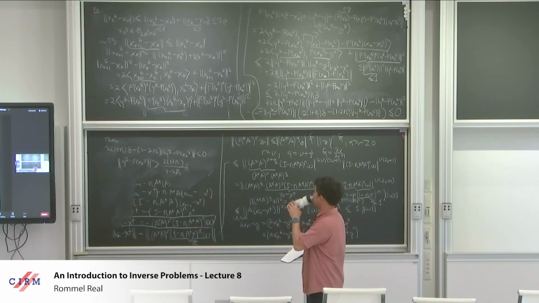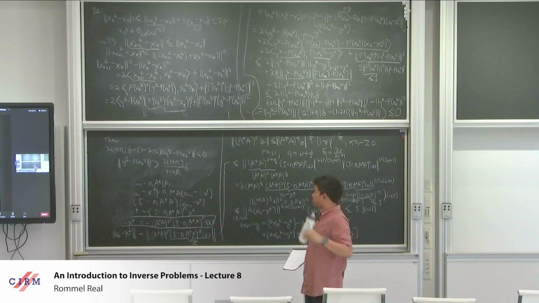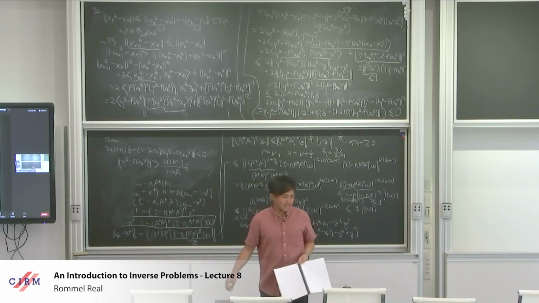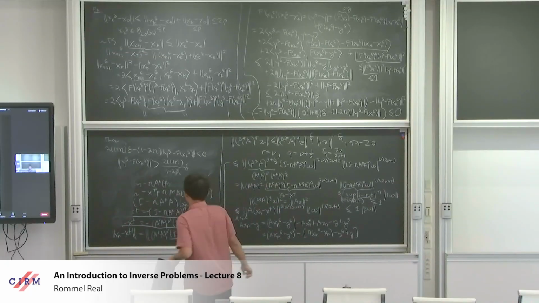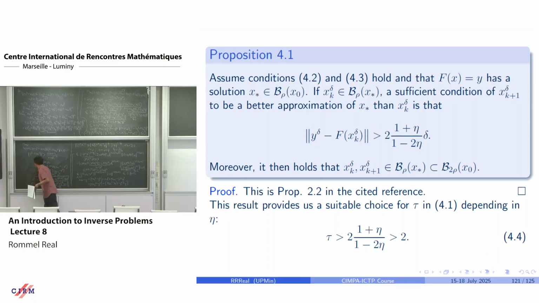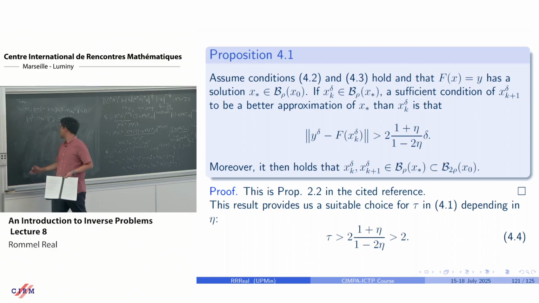And this proof is very important. In fact, this proposition is important. It's also in the reference. And then this result gives us a suitable choice for tau in the discrepancy principle. So therefore, we can choose a number tau which is greater than this one.